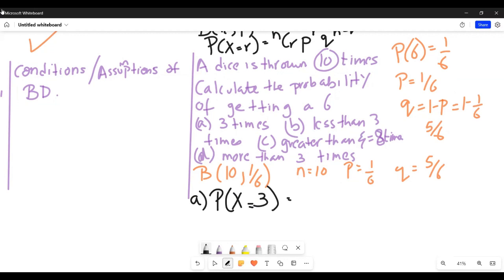So that is going to be 10C3. Probability of success is 1 by 6 power 3, and then 5 by 6, which is the probability of failure, power 10 minus 3, which is 7.